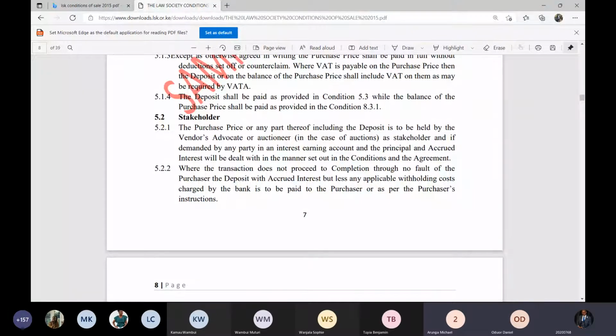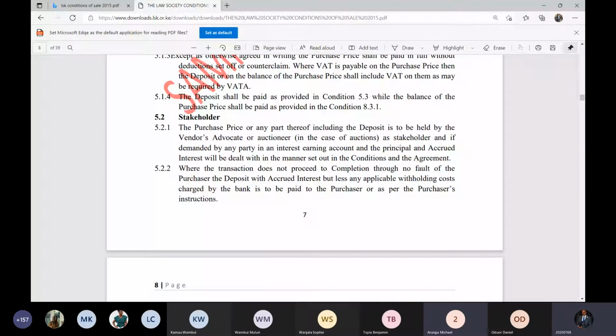Then I think there will be no problem. But just so that this guy is very, very secure, he has something that he can see, substance, he's reassured. I think you can ask the vendor's advocate, since he or she is the one holding the money, to issue you with a professional undertaking stating that in the event that anything happens, including insolvency, then they'll give you back your money. That would be my answer.